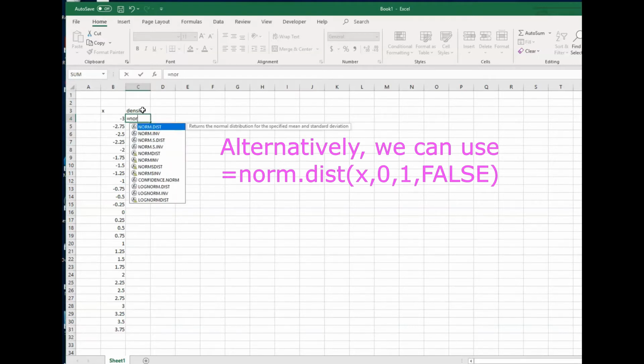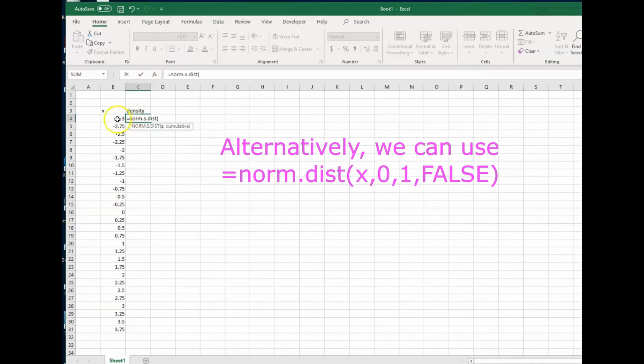NORM.S.DIST. The S stands for standard normal. The first value is x or z. Because we are interested in the probability density function, the second argument will be FALSE.